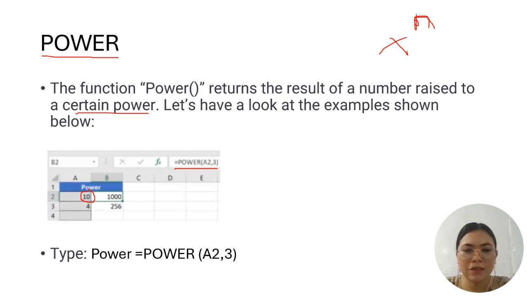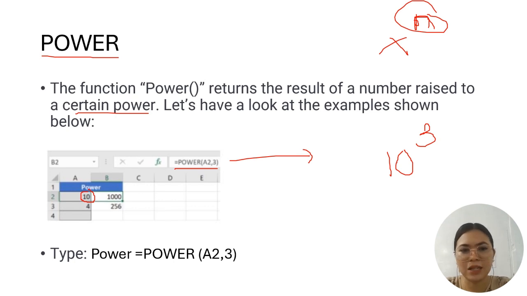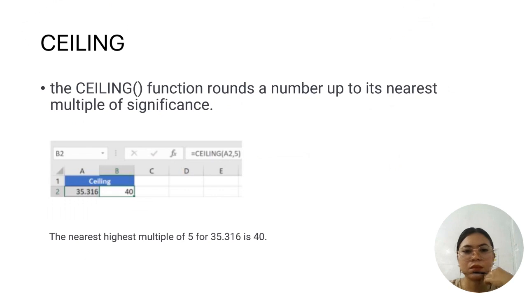And then ang second value in our formula is yung n natin, the certain power that we want the number to be raised. So kumbaga, if we're going to write this one in a formula, so we have 10 raised to 3. Ayan, so that is the POWER function.